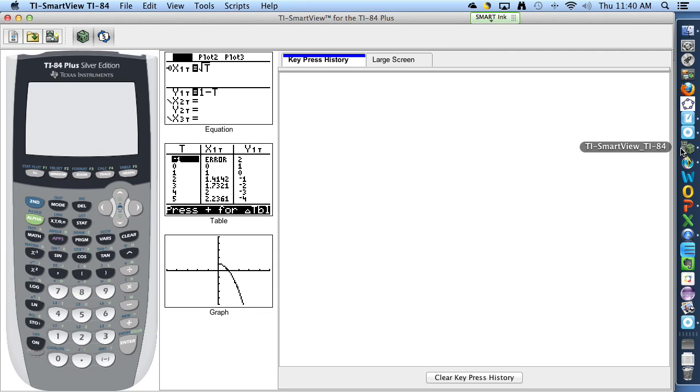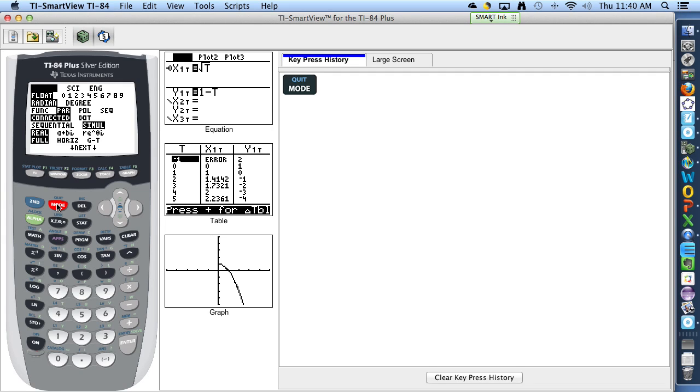First things first, if you want to use your calculator in parametric mode, you need to go down to function, parametric, polar, sequential. Those are all the different modes that your calculator has, and you want to select parametric. You just arrow over to it and hit enter, and now you are in parametric mode. Once you're in parametric mode, there are a few things that change on your calculator.